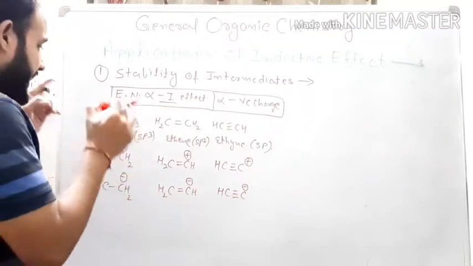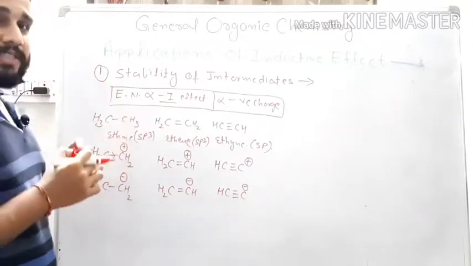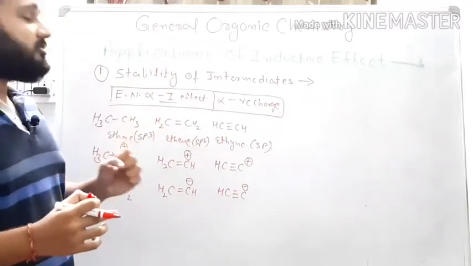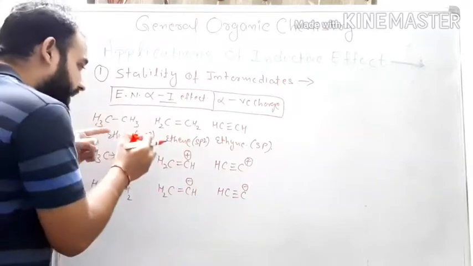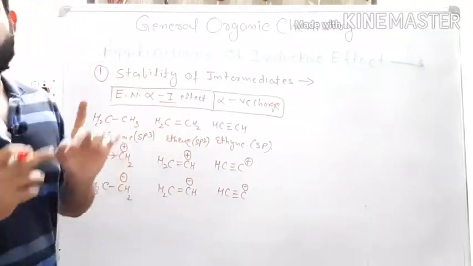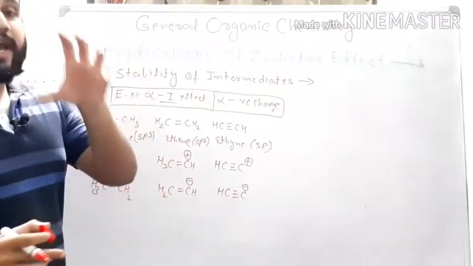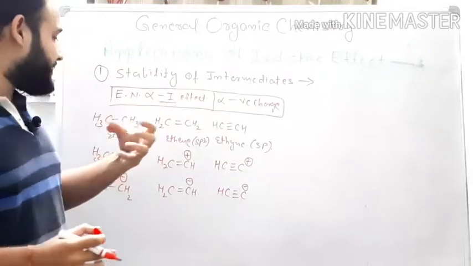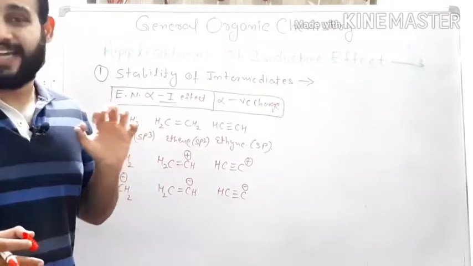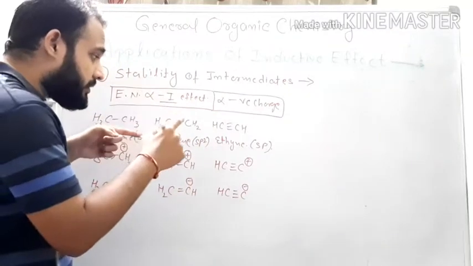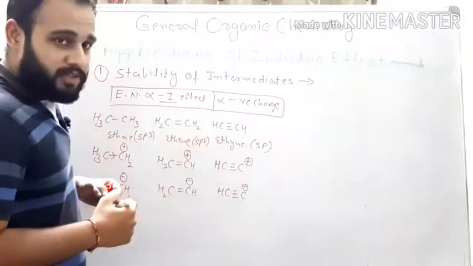Okay, and we discussed in our previous lecture that the sp hybrid orbital is more electronegative than sp2, and sp2 is more electronegative than sp3. Why? Because sp has more s character, while sp2 has less s character and sp3 has the least s character. Okay. So now we use this concept to explain the stability of these ions.